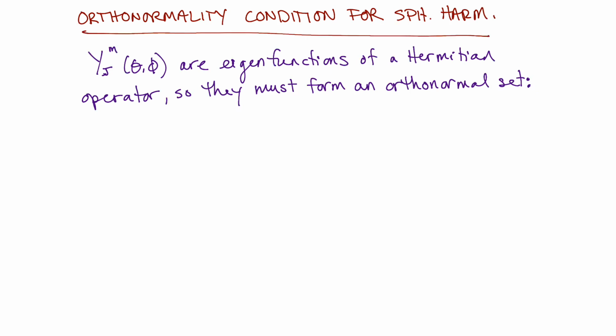So let's take a moment to put together our orthonormality condition for the spherical harmonics. Now, with the full spherical harmonic wave function, we have a dependence on two variables, theta and phi. So we're going to be integrating over both of those.